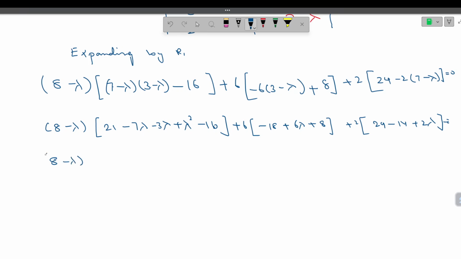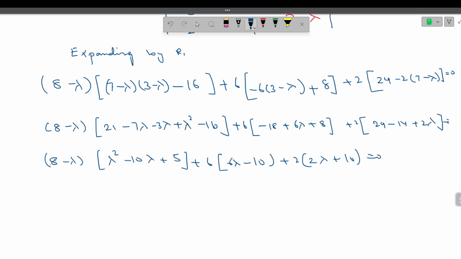So 8 minus lambda times lambda square minus 10 lambda plus 5, since 21 minus 16 is plus 5, plus 6 of 6 lambda minus 18 plus 10, which is minus 10, plus 2 times 2 lambda plus 10, since 24 minus 14 is plus 10, should be equal to 0.